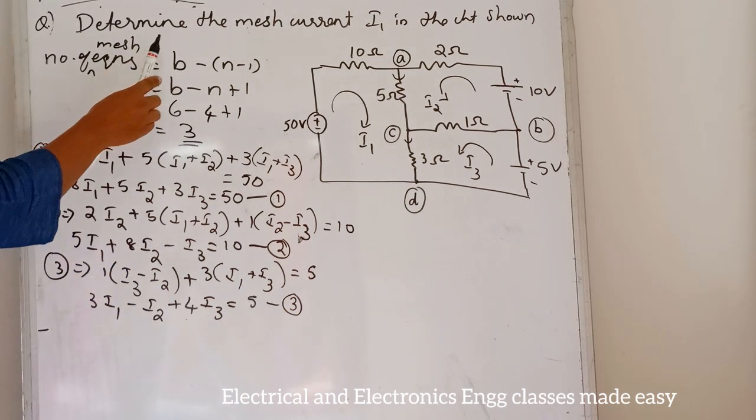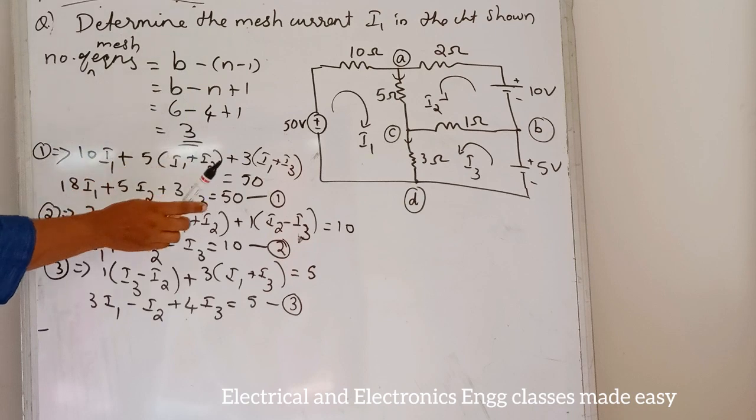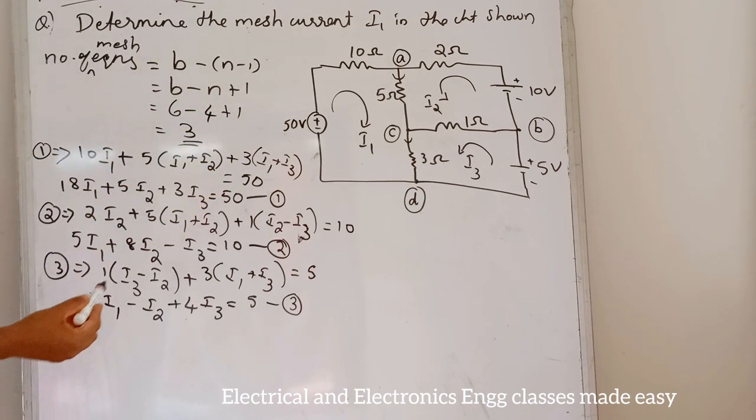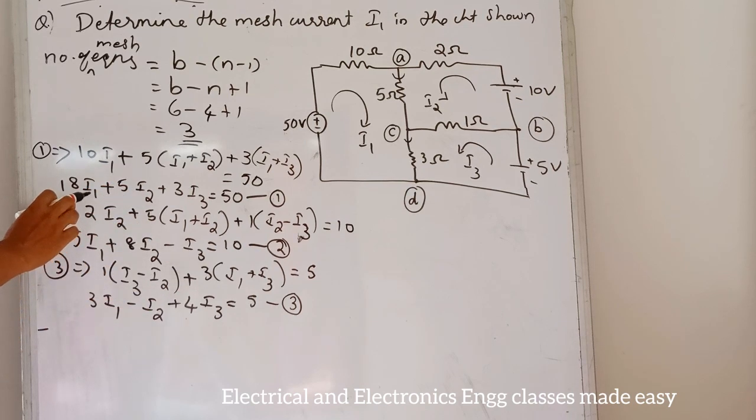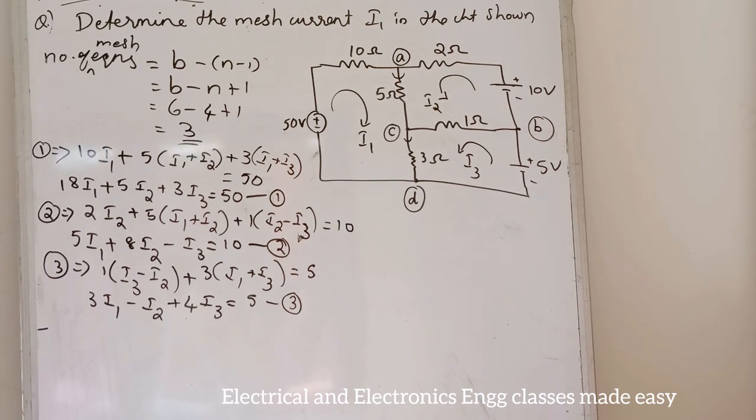And here the question is to find the current I1. To find I1, we need not solve all the unknowns. We can find I1 using Cramer's rule. For Cramer's rule, we have to find the determinants.